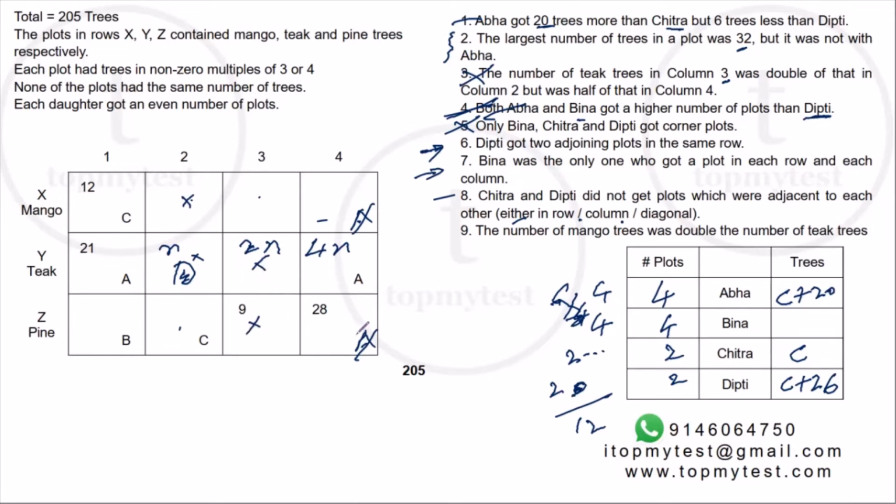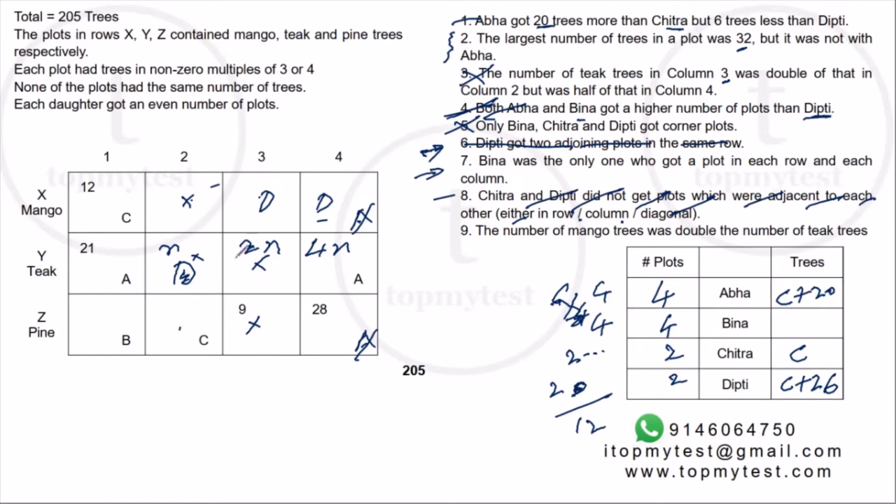Now, since Deepti's plots are next to each other, Deepti cannot get these two plots either. So the only plots that Deepti can get are 3 and 4 in row X. So this part is done. This I have used. I've also used 6.